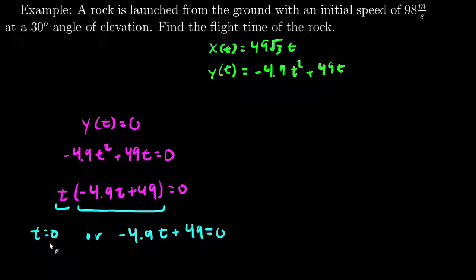We were launched from the ground, so it starts at time 0 at the ground. So that's not my flight time. That's just where I started. And if I solve this, I'll add 4.9t to both sides and get 49 equals 4.9t. Divide both sides by 4.9, and that means that the flight time is 10 seconds.